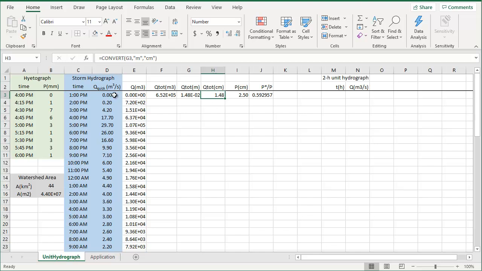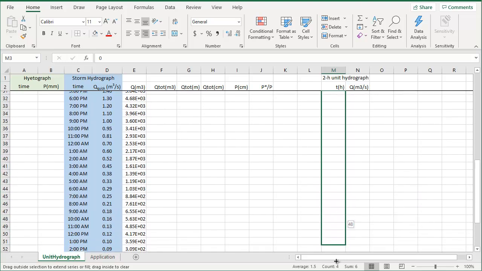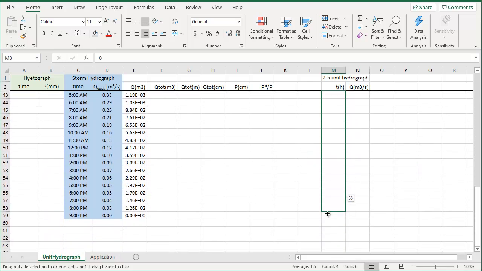So I'm going to have to take my discharges in column D and divide each one of them by this factor of 1.48. So for my time here, the trick is that once I start a sequence, I can just highlight it, grab the lower right corner, and drag it, and that sequence will be repeated. I'll go down to the bottom here. That's probably all I'm going to need.